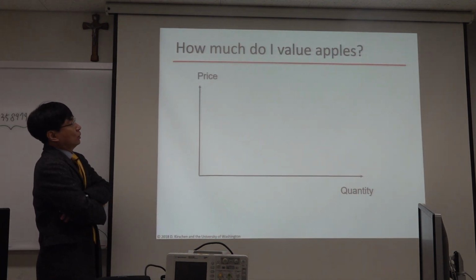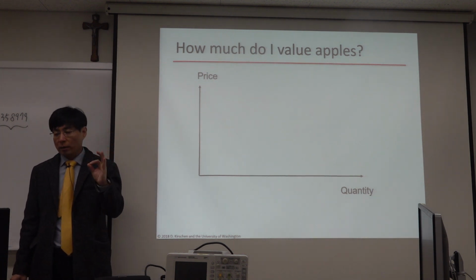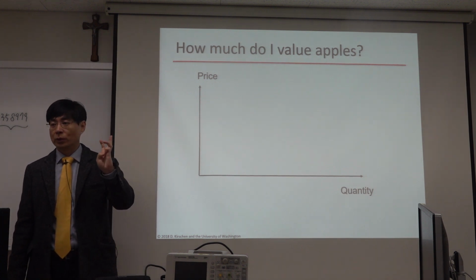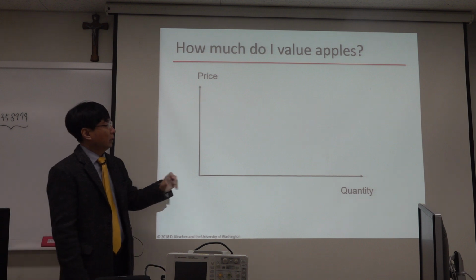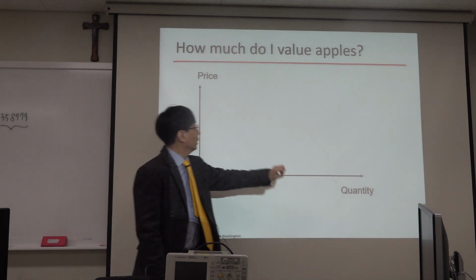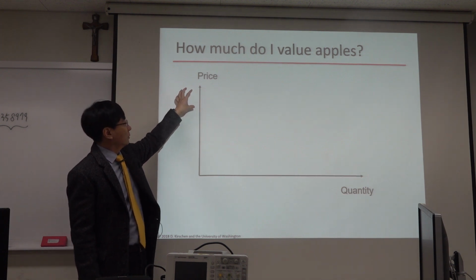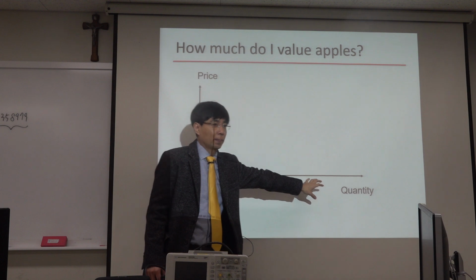So how much do I value apples? By the way, in economics, the x-axis and y-axis are different from what you use in calculus or mathematics. So typically in mathematics, we have the x variable here and the y variable there. But in microeconomics, the x variable is here and the y variable is here.